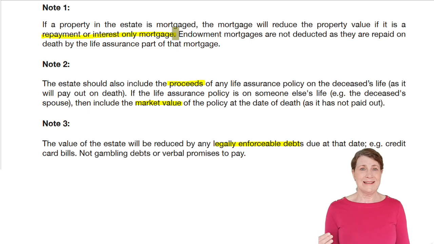So that if you had an endowment mortgage on your property, if you died, the insurance policy would pay it off. So therefore, it would cancel out the debt effectively. Now, these are not very common in the real world these days, but they do occasionally crop up in exam questions. So if you see that it's an endowment mortgage, do not deduct it against the value of the property in the death estate.